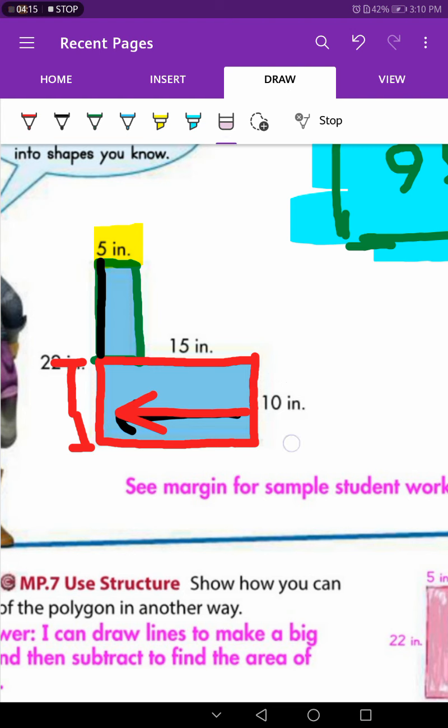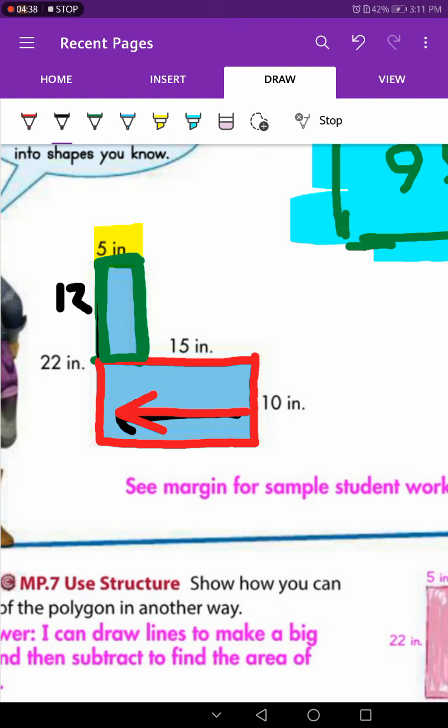So don't tell me that 22 is the second dimension of the green rectangle. So the two dimensions here are 5 and 12. Yes, teacher, again, how did you get the 12?